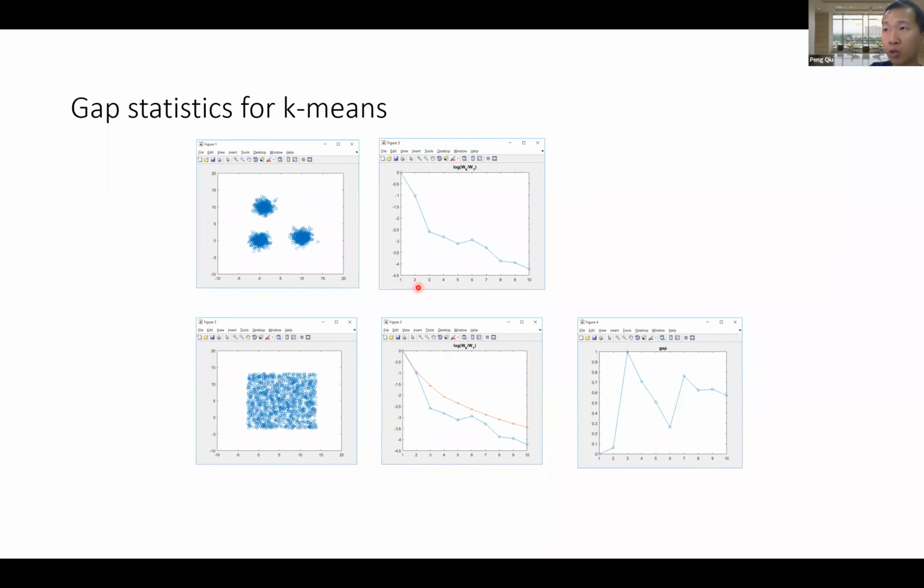If we choose k equal to 2, then maybe the algorithm will say this is one cluster and the combination of the other 2 is another cluster. If we choose k equal to 3, great, we get the right answer. If we choose k equal to 4 or larger, then some of these clusters will be broken into small pieces. So we can try different k on this real data, and for each choice of k, we can compute this W here.